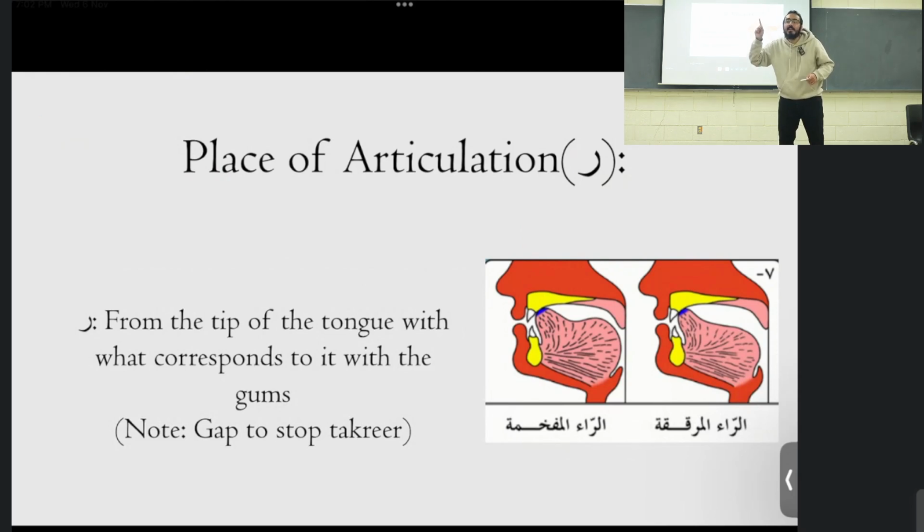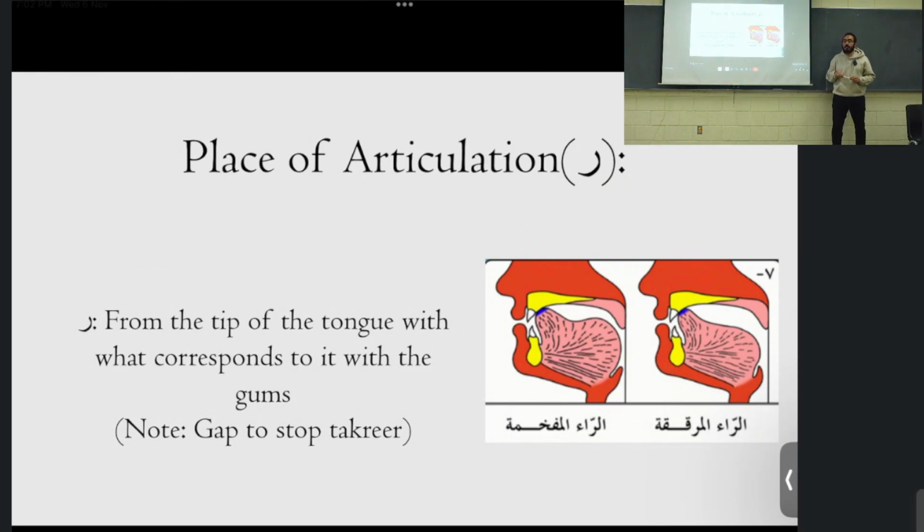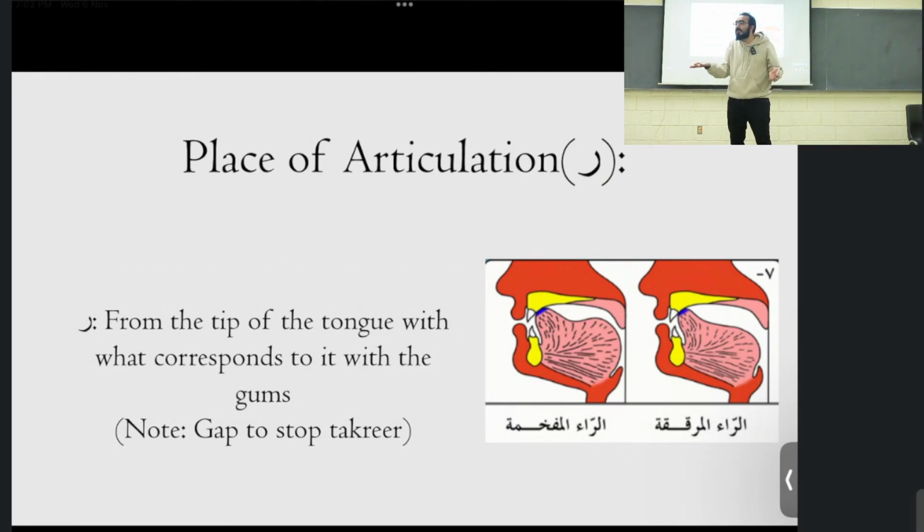You hear one, and then ar. That would be one. Yeah? You hear it? No? Yeah. Ri. No, ra kasra, you just hit. No, you start with sukoon, and then you hit. Birri.